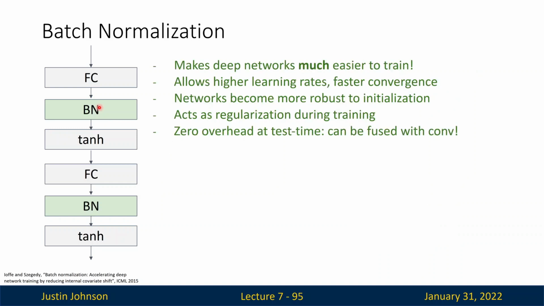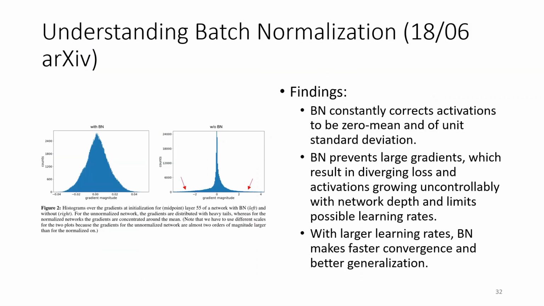And there are some properties of batch normalization. First, it makes deep networks easier to train. Let's recall the figure here. Because of the property of normalization, there will be a lot of gradients whose values are very small.